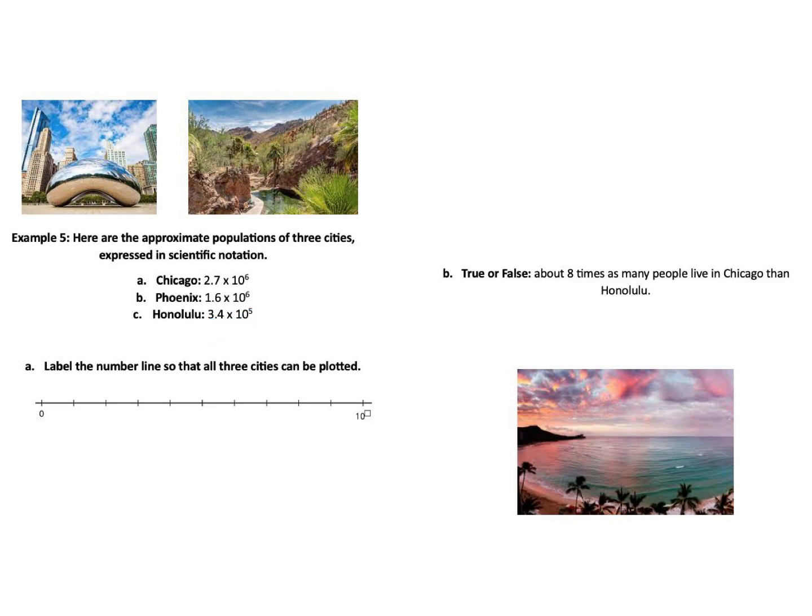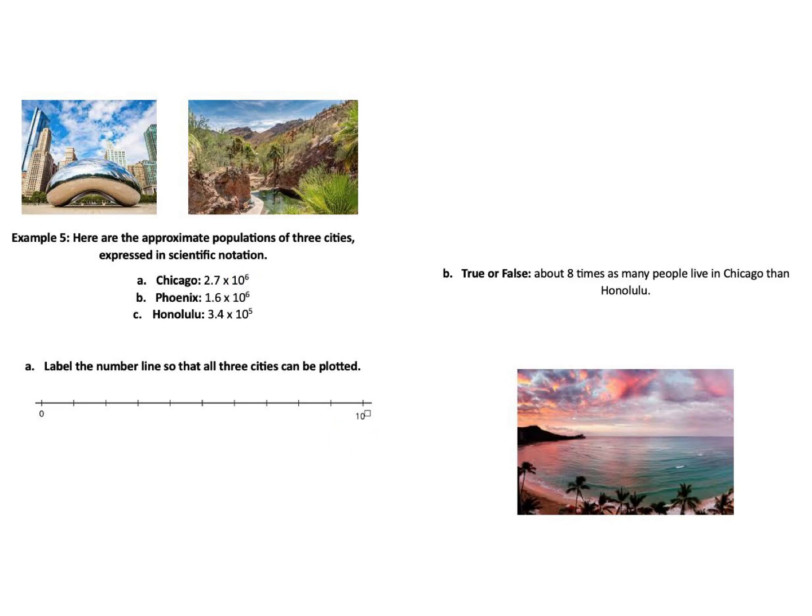So what we're going to do is we have to number the number line. Notice that we have 10 to the 6th, 10 to the 6th, and then 10 to the 5th. What we need to do is start this number line with the highest exponent. Highest exponent is going to be 6.